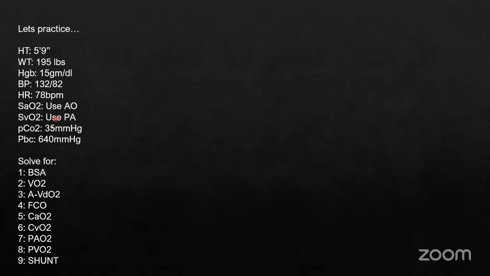I do, right? And then PA, do I have PA on my diagram? Yes. Okay, so I can resolve for AVDO2, right? So I have BSA, I have the VO2, and AVDO2. Now, can I get FIC with this information?